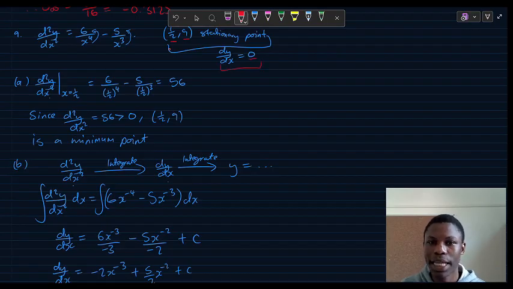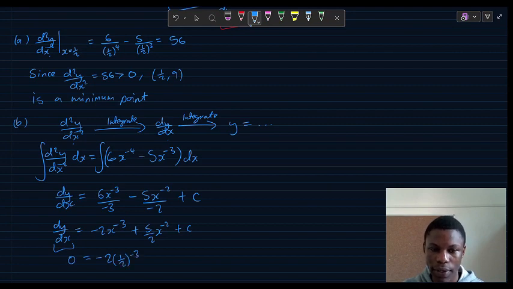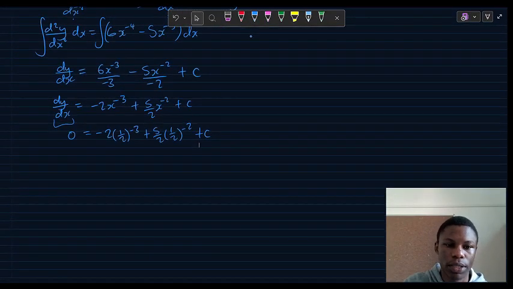We can use that bit of information to help us find our constant. So we know that our dy dx is 0 when x is equal to 1 over 2. So negative 2 times 1 over 2 to the negative 3 plus 5 over 2, 1 over 2 to the negative 2. Again, because it's a stationary point, dy dx has to be 0.